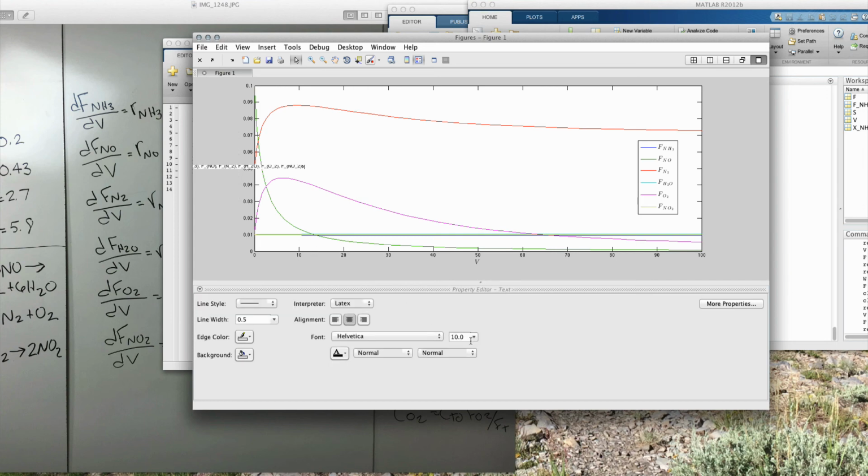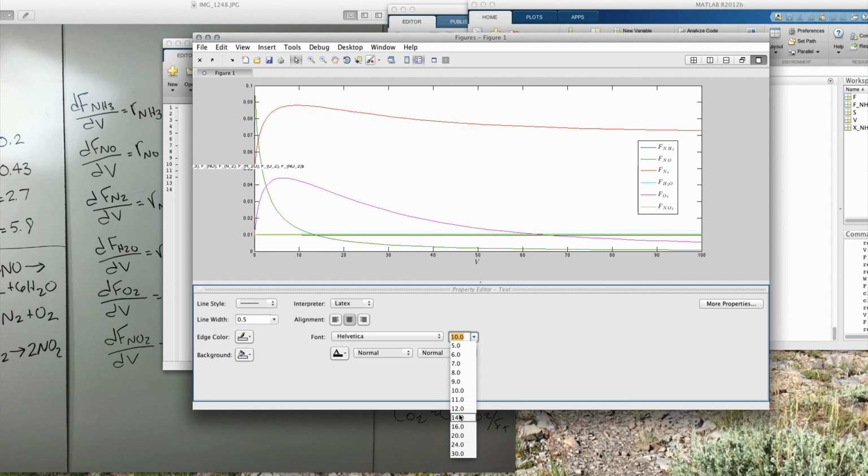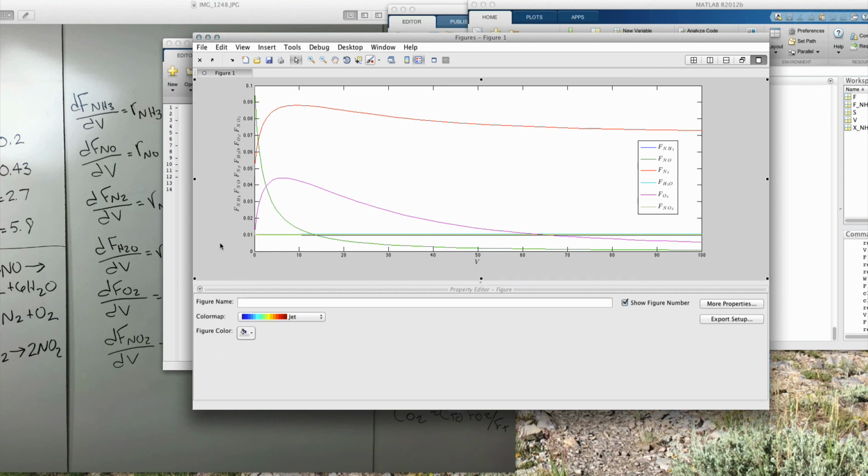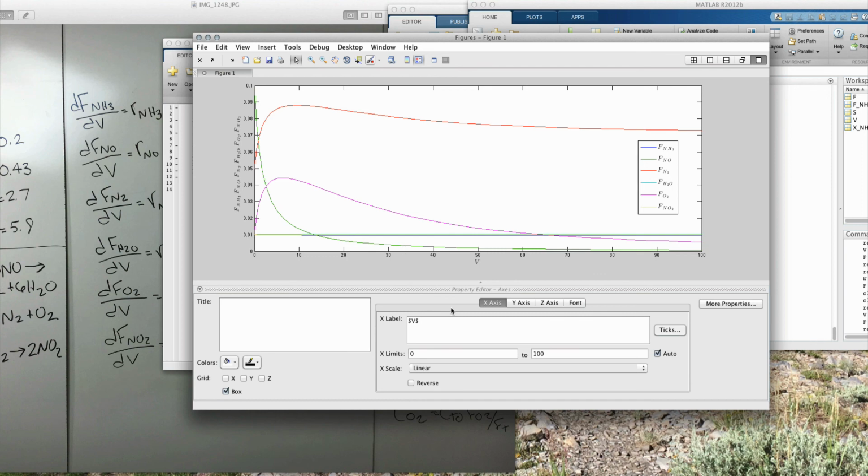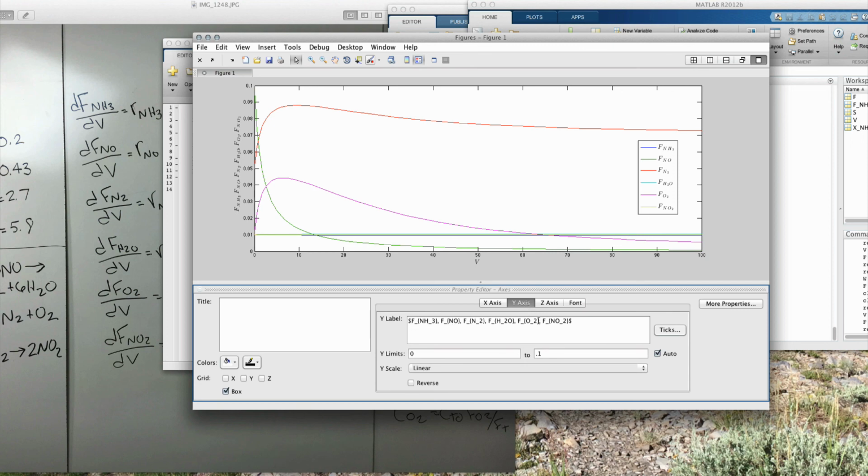I'm going to make it bigger though, so 14. So FNH3, FNO, FN2, FH2O, FO2, and FNO2. And then going back to the actual plot, I could have entered this here too. So you can either double click on it and edit it, or you can edit it from here.